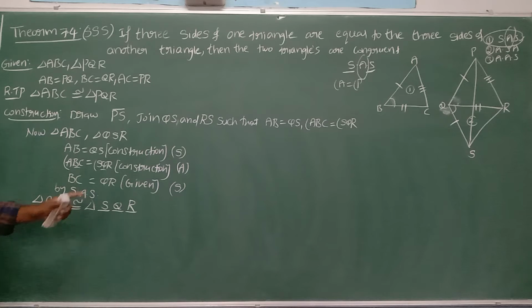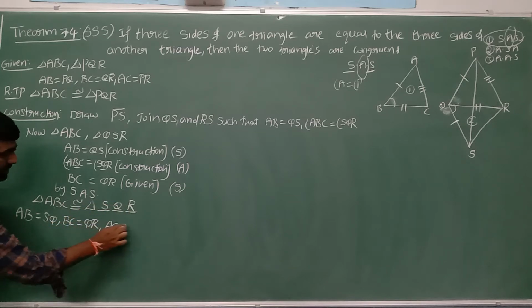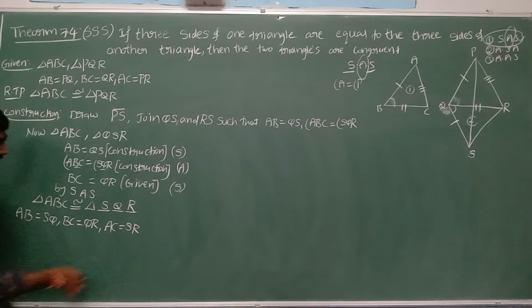So once two triangles are congruent, what can we say? Corresponding sides are equal, corresponding angles are equal. Let me write the corresponding sides. Tell me what the corresponding sides are. AB is equal to SQ, and BC is equal to QR, the last two. Then first and last: AC equal to SR. Corresponding sides are equal.